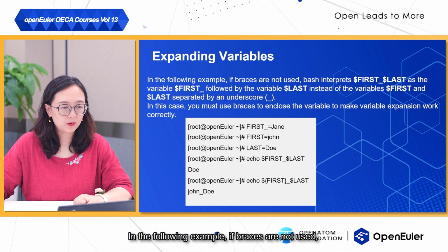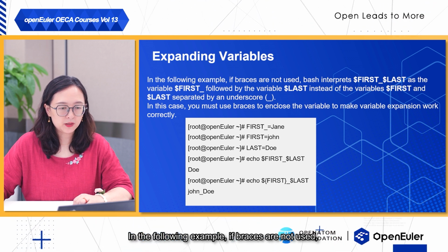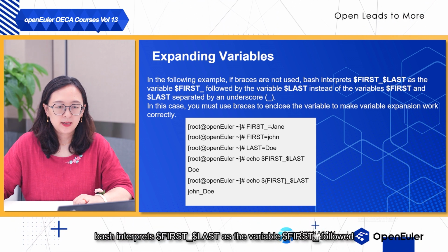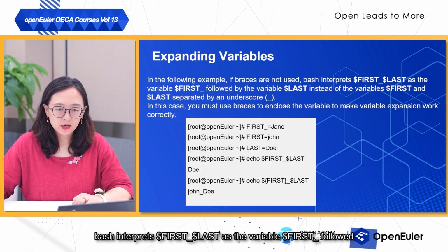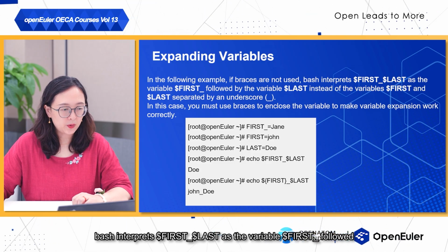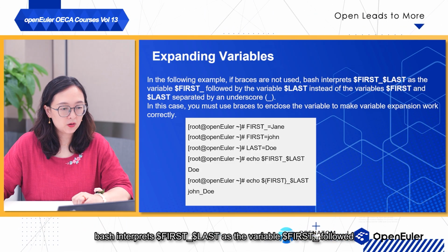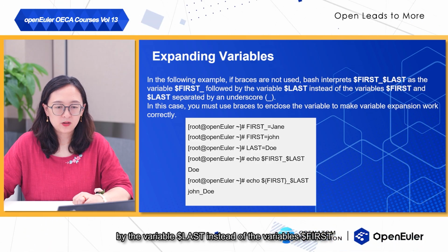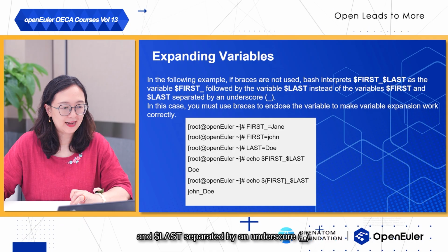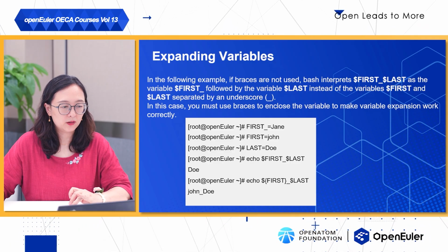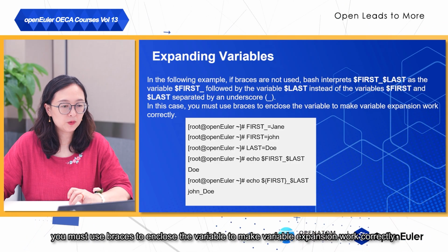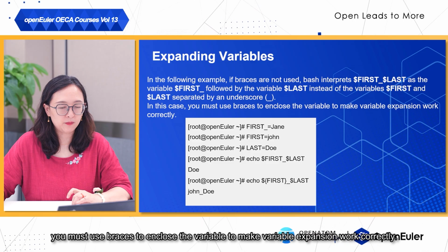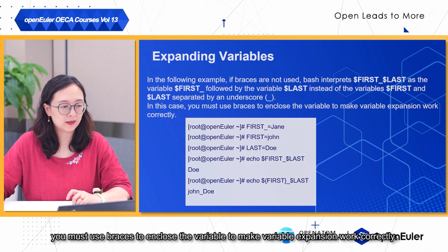In the following example, if braces are not used, Bash interprets $first_$last as the variable $first_ followed by the variable $last instead of the variables $first and $last separated by an underscore. In this case, you must use braces to enclose the variable to make variable expansion work correctly.